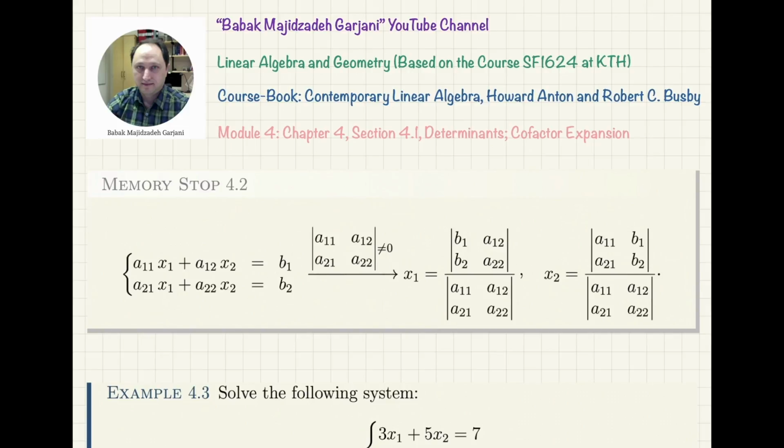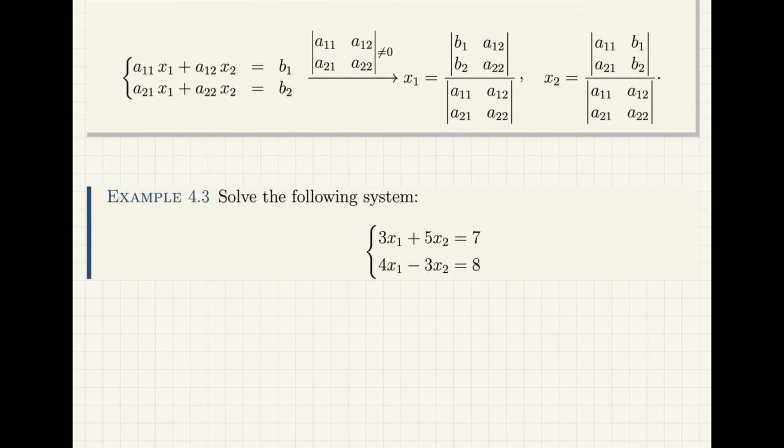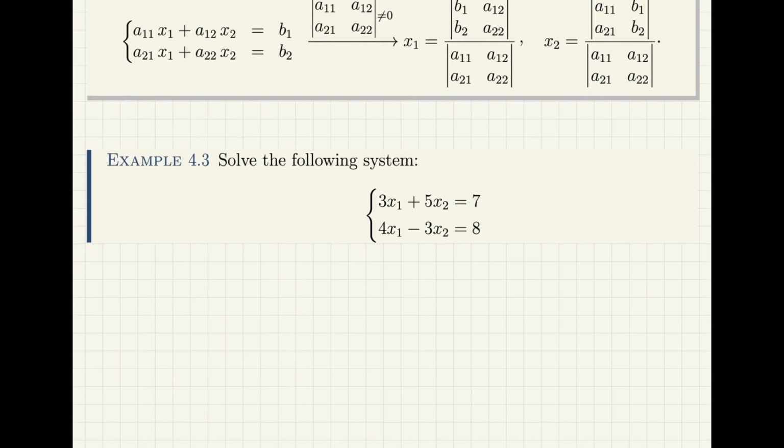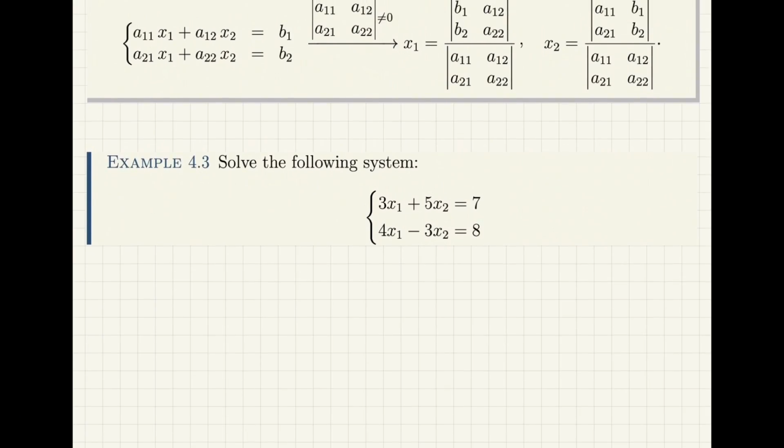Before going any further, I think that it could be instructive if we solve a very simple numerical example. Okay? So assume that I want to solve this numerical example using what I actually got here in the formulas. So let us do it very quickly. This is a simple problem. So I want to calculate x1. According to the rule I told you, I have a fraction, the numerator and the denominator are determinants.